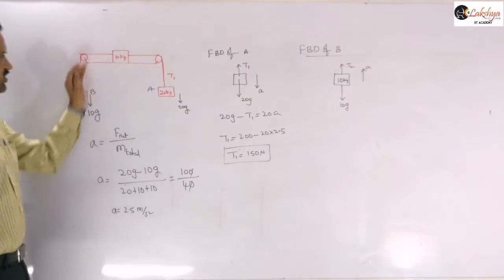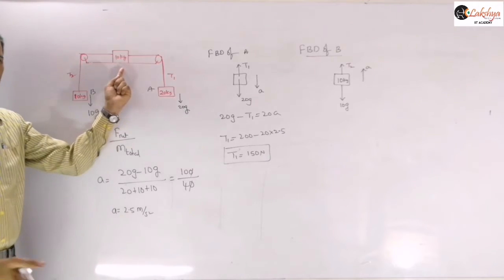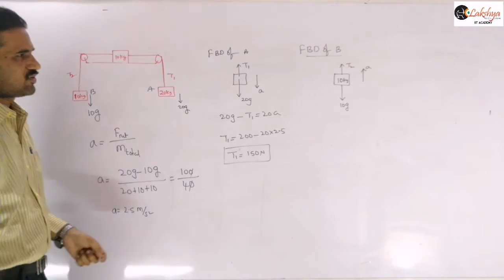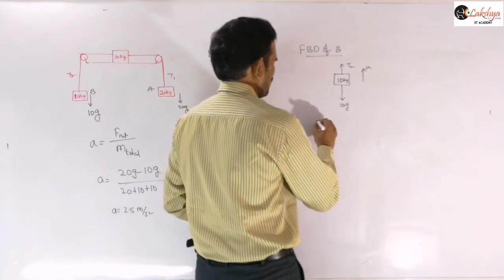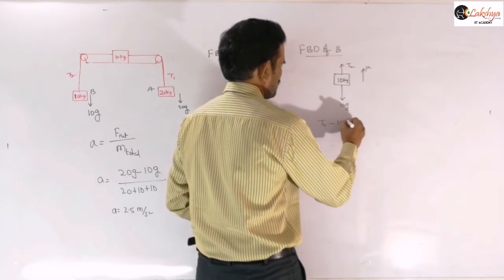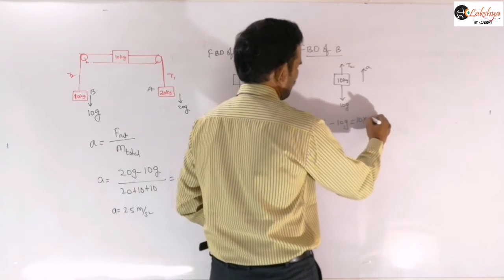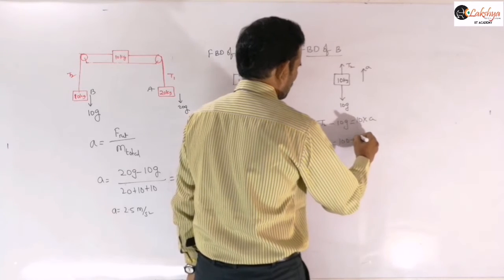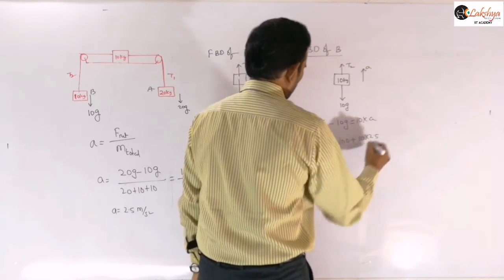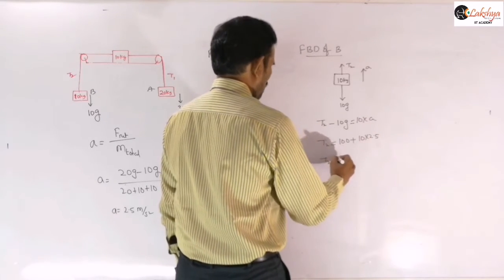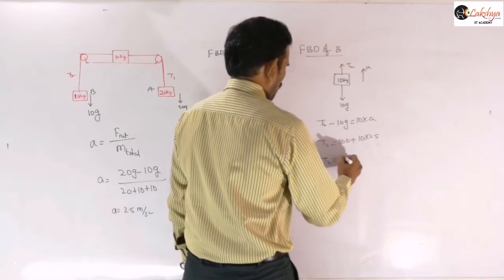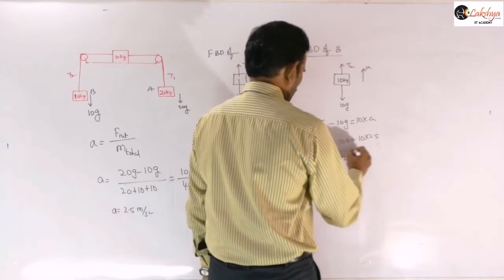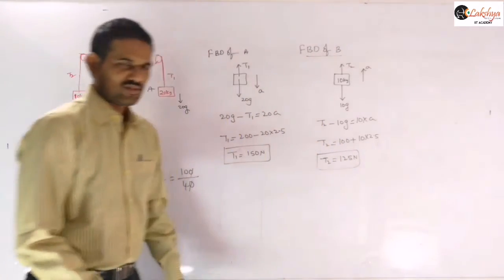Either you may consider the free body diagram of this also, the same answer you will get. So T2 minus 10g is equal to 10 into a. Therefore T2 is equal to 100 plus 10 into 2.5, so T2 is equal to 125 newtons. This is the tension in that string.